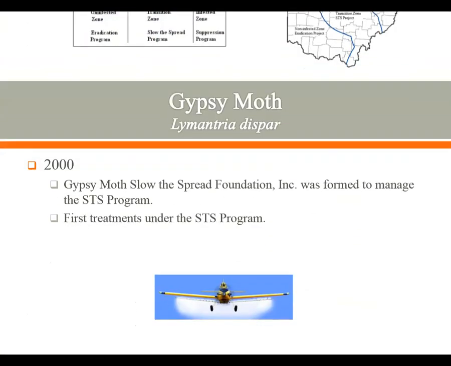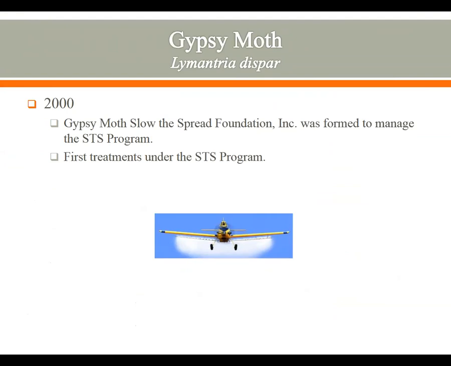In 2000, the Gypsy Moth Slow the Spread Foundation was formed. This is a collaboration of the 10 states to put people on the board to help mitigate the funding to the states, and it's been a very good program, a foundation with people working together to cooperatively slow the spread.